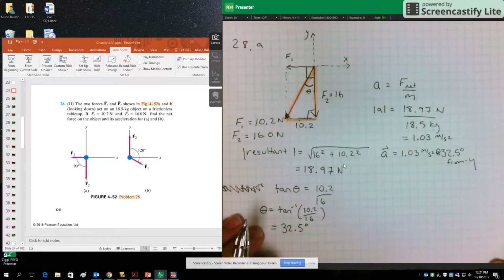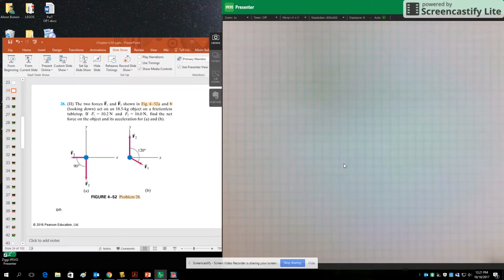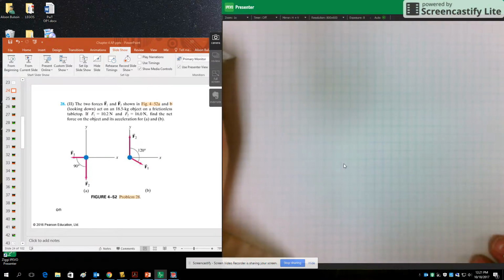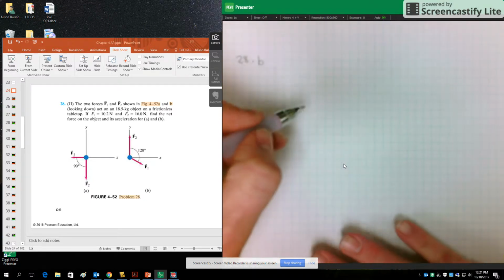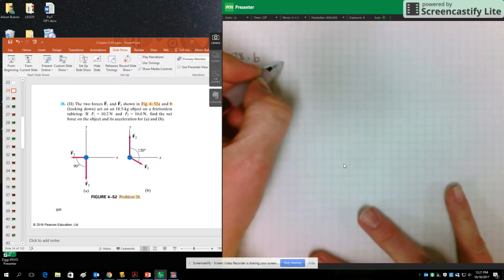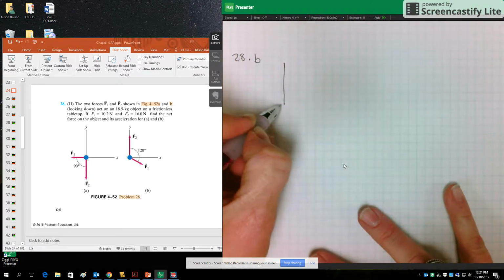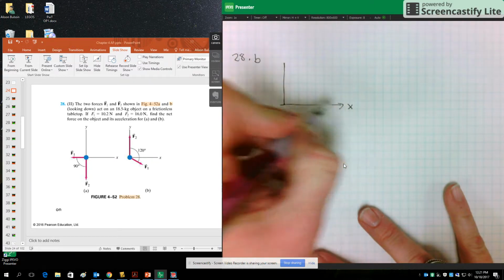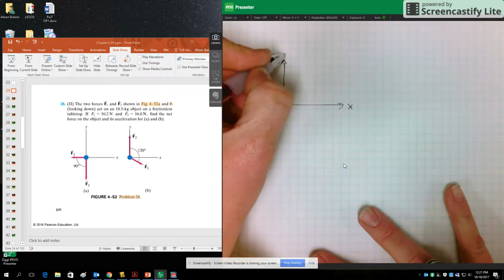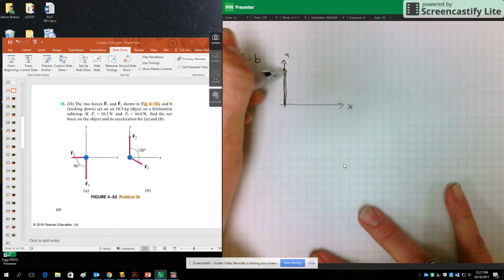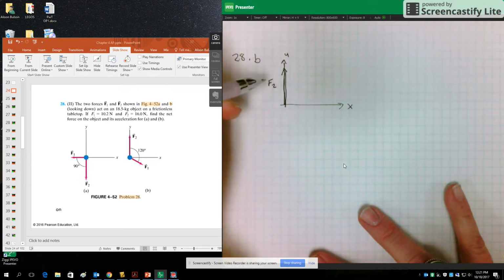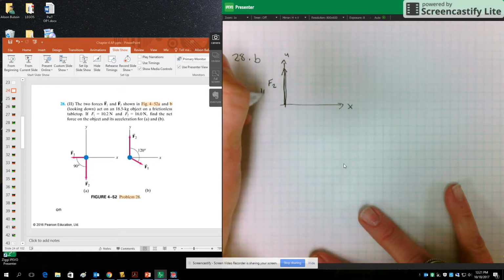All right, so now we're going to look at part B. This is a little bit more complicated. Now we have F1 and F2 not at right angles to each other. Here's the x-axis and here's the y-axis. F2 now points directly along the y-axis, and F2 is our 16 newton vector.